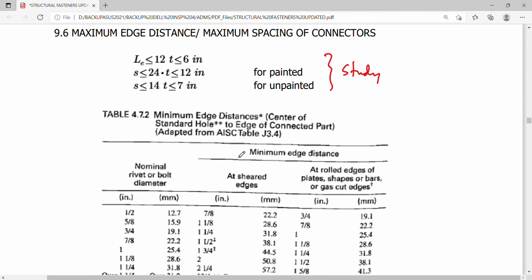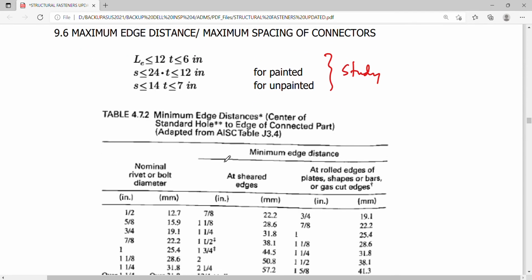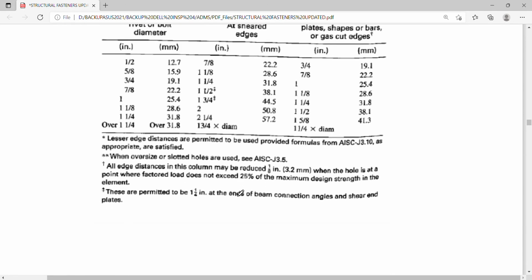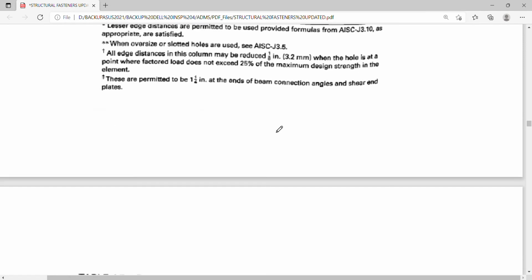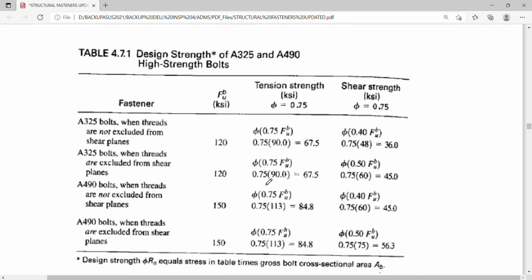Maybe we can also apply this AISC guideline to give us a rule of thumb for the edge distances and the center to center spacing. So you just refer here to the shear consideration using this table.